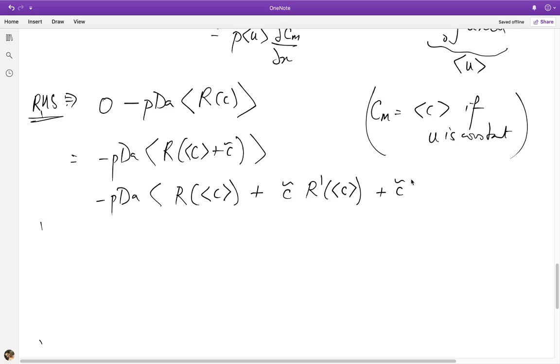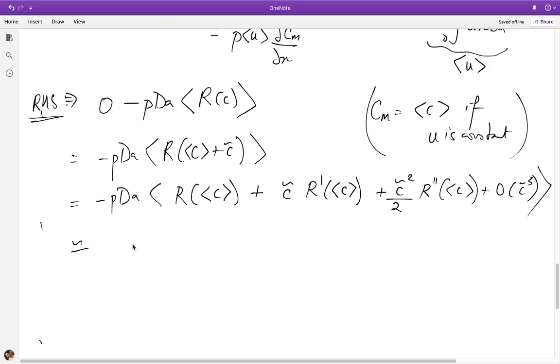And then I have the next order term. You'll see why I'm going to the next order in a second. And I'm going to stop here, plus order of C tilde cube and so on.